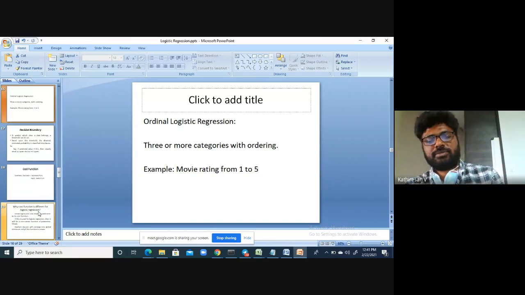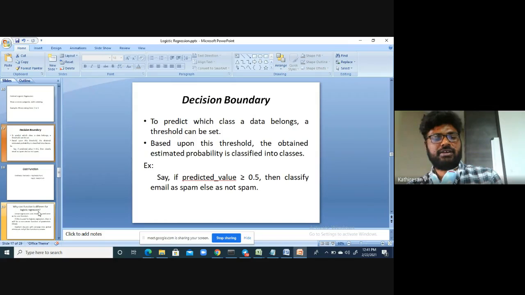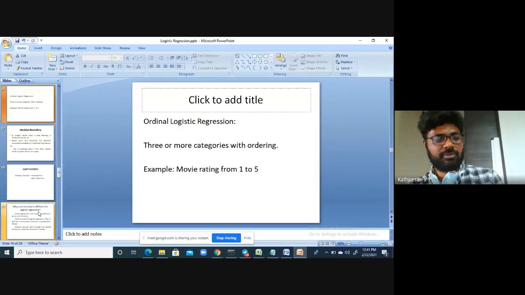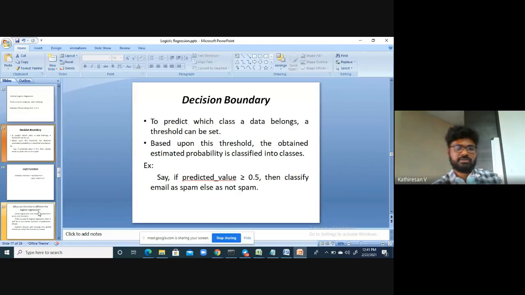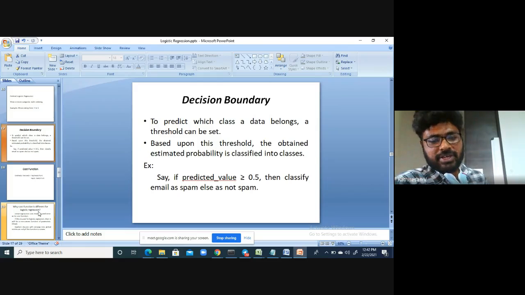So this is nothing but ordinal logistic regression. Next topic is decision boundary. Here you have to think in a clear way about where we are keeping our decision boundary. To predict which class data belongs to, a threshold can be set, and based upon the threshold, the estimated probability is classified into a class.